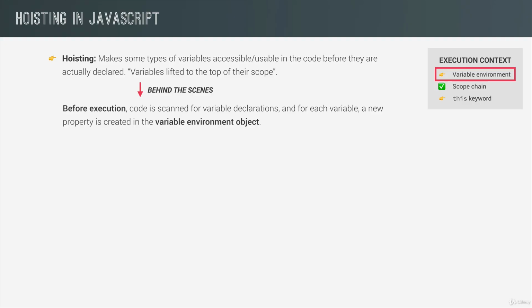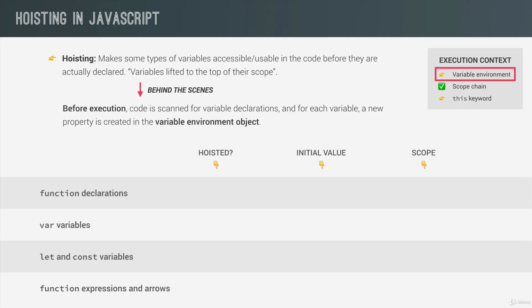And that's how hoisting really works. Now, hoisting does not work the same for all variable types. And so let's analyze the way hoisting works for function declarations, variables defined with var, variables defined with let or const, and function expressions, and also arrow functions.